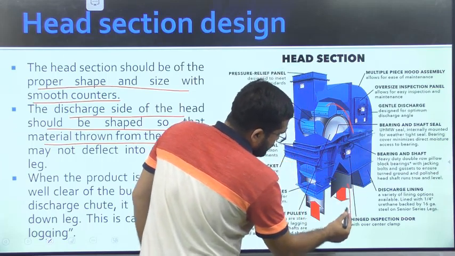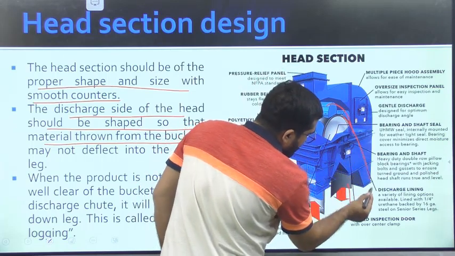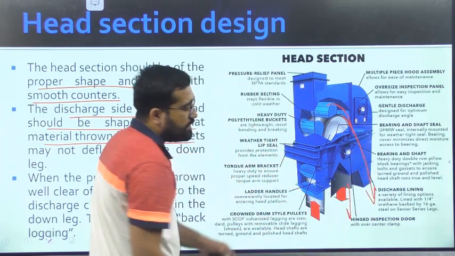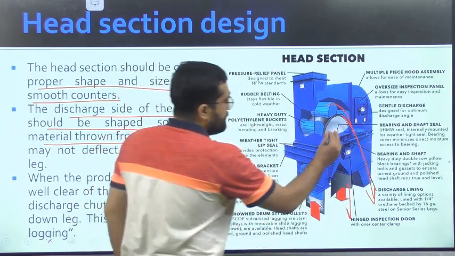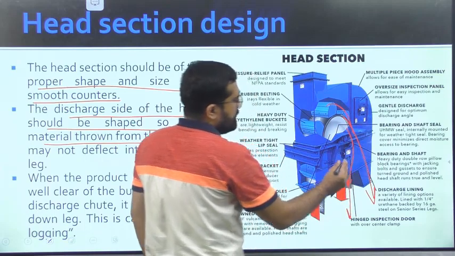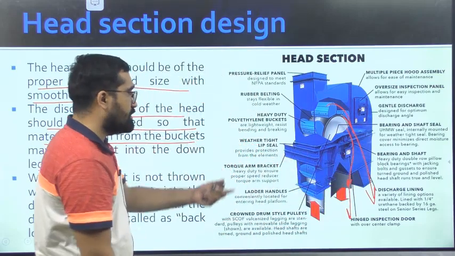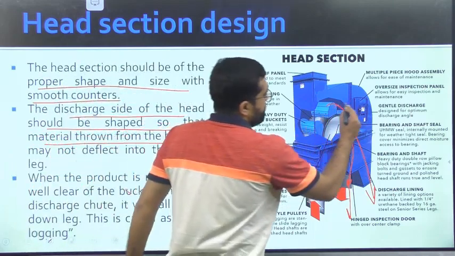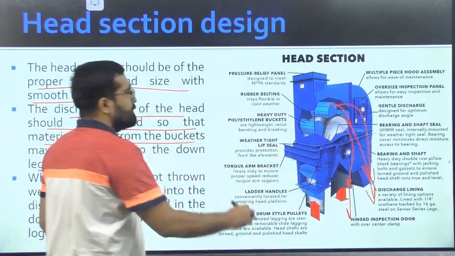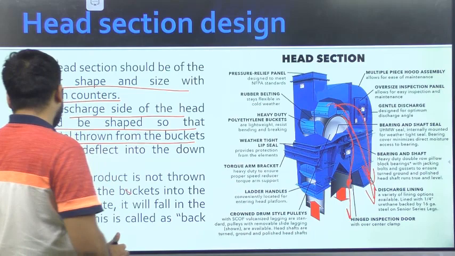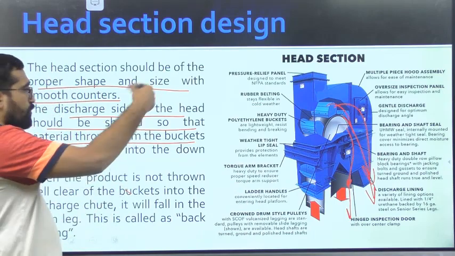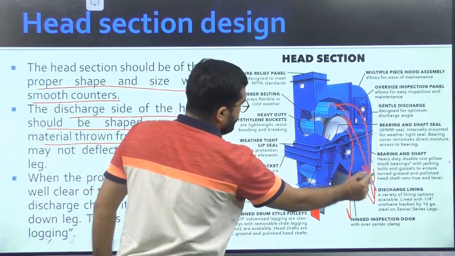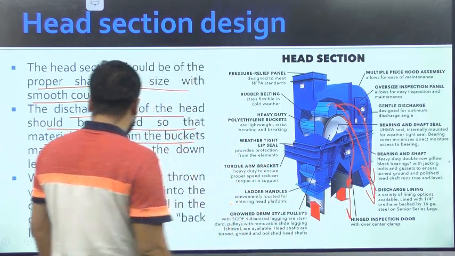Here the belt is coming, and the material shouldn't fall back; instead the material should fall in the discharge end. It shouldn't fall back onto the belt or back into the elevator. It should fall away. We have to design the bucket elevator head in such a way that the material will flow away from the bucket elevator, not inside it.